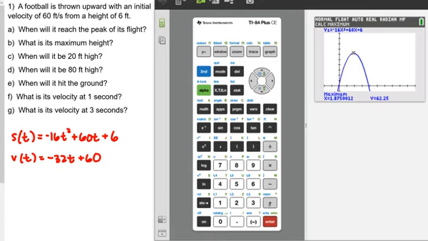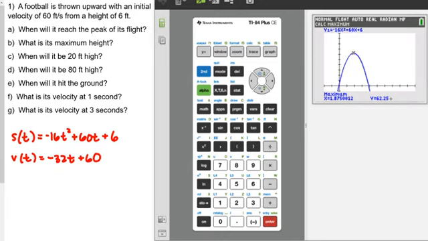So you can see that the calculator wasn't actually able to find the exact answer. It just used a method to approximate the answer. Still, it's a very good approximation. So 1.9 seconds, and then the maximum height is the y-coordinate of the point, so that would be 62 1/4 feet. And hopefully that sounds familiar because that's the answer we got yesterday when we did this one on paper.